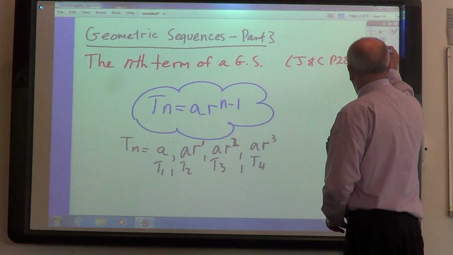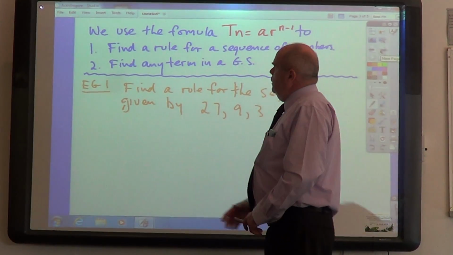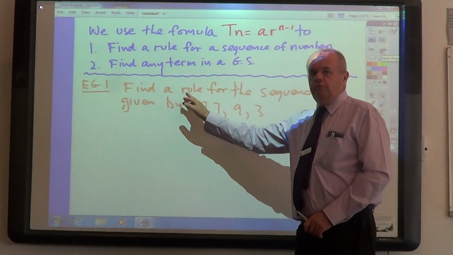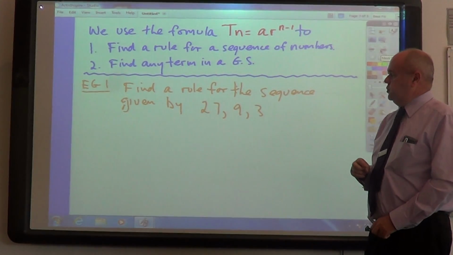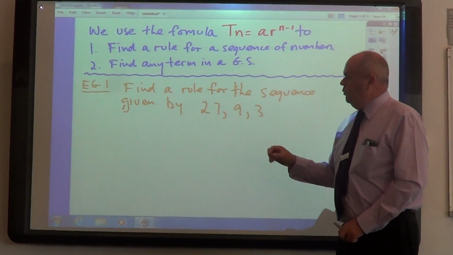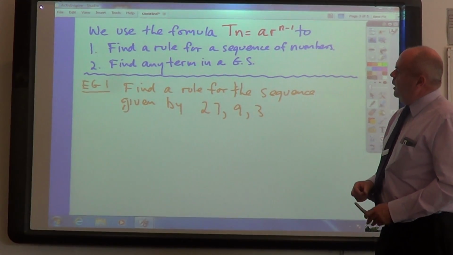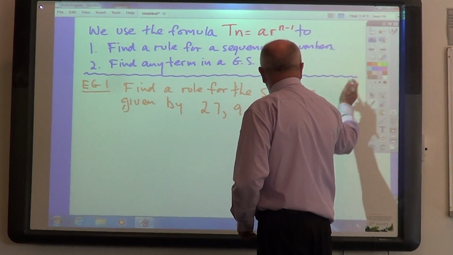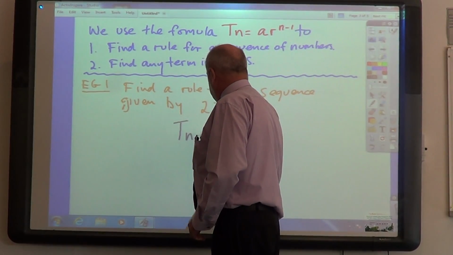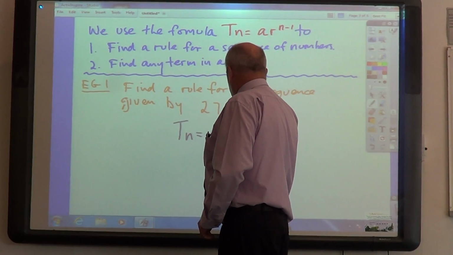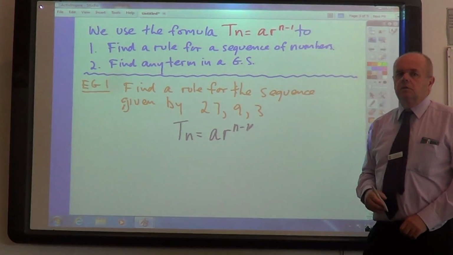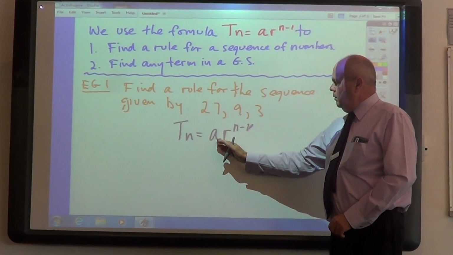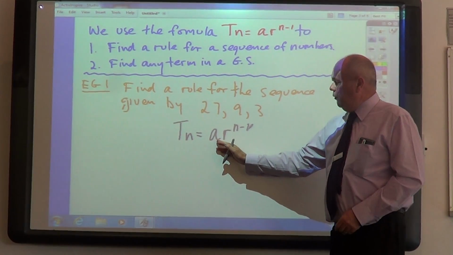Now, our first job is to find a rule for the sequence given. It's geometric. That's quite straightforward. We go back to our parent formula, our template if you like, that describes any geometric sequence, and it's a case of finding values for the relevant pronumerals.